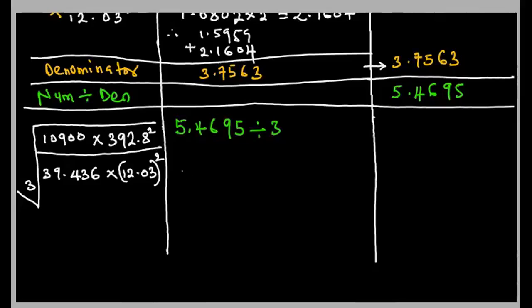So dividing on the calculator, 5.4695 divided by 3. It's a very long decimal, so since we are using 4 figures, we have to approximate it.